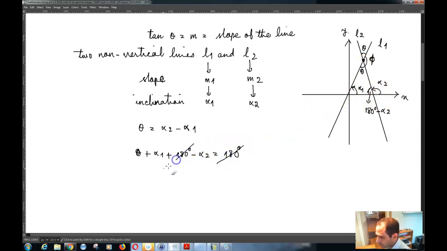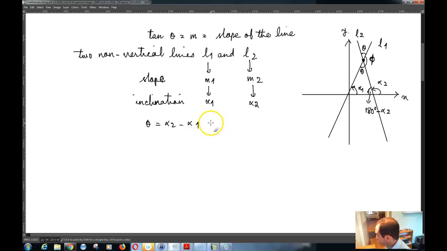Then you can simplify, and theta is equal to negative alpha 1 plus alpha 2, or alpha 2 minus alpha 1, which is what I have written over here. Theta is equal to alpha 2 minus alpha 1 in this construction.